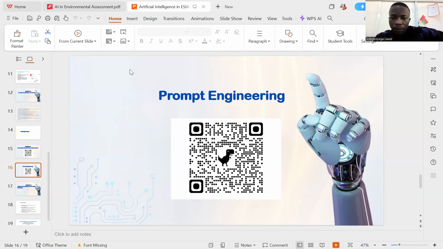Prompt engineering is a way of generating prompts, or let's say conversation or commands, based on what you are looking out for in a particular document. So you design a series of prompts so that you can generate a desired outcome.